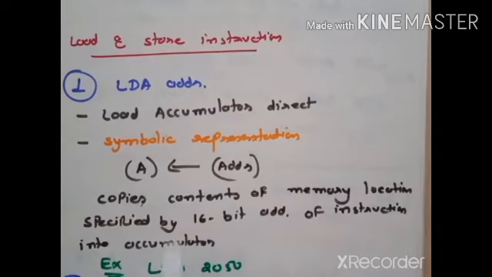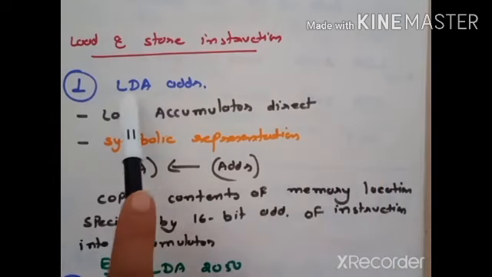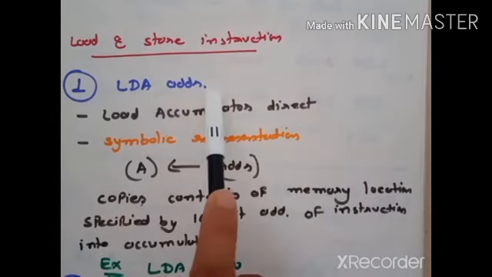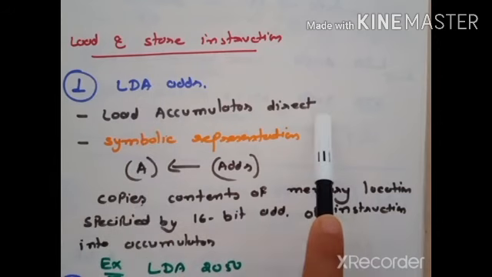Now we start the second part, load and store instructions. For load, LDA address: this instruction is used for load accumulator direct, that means the content of the direct address is transferred to the accumulator.